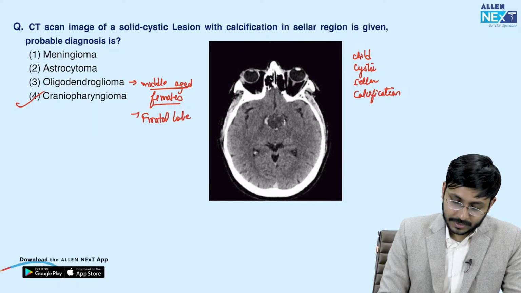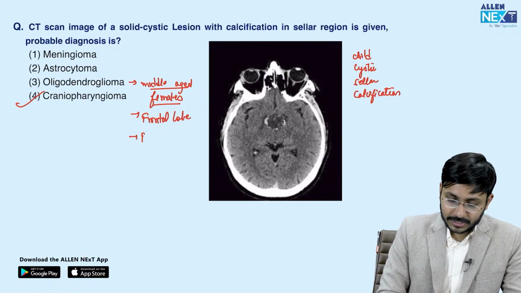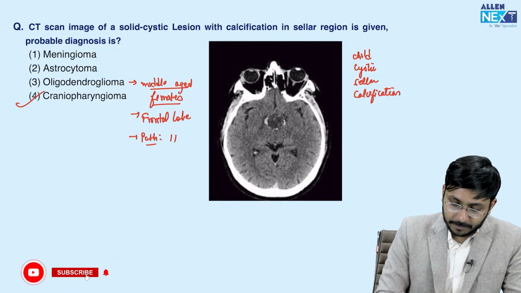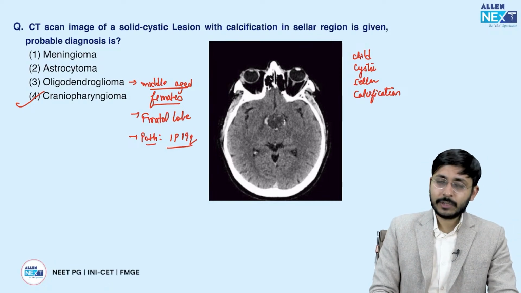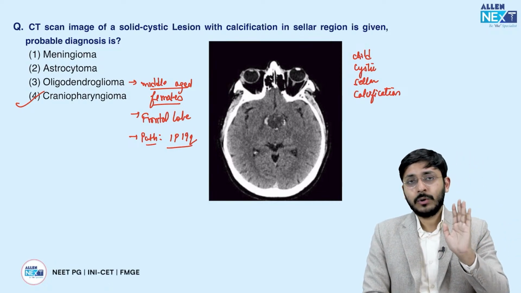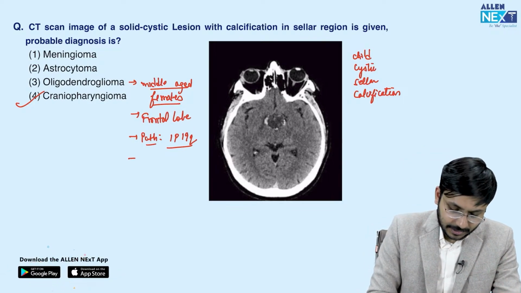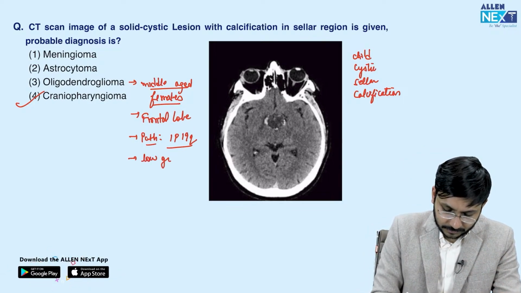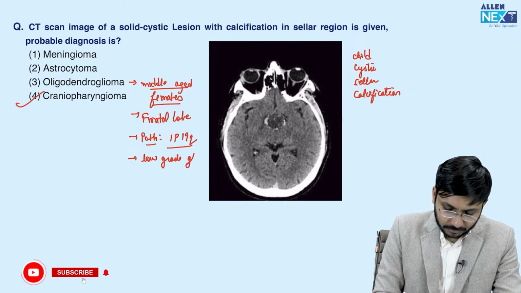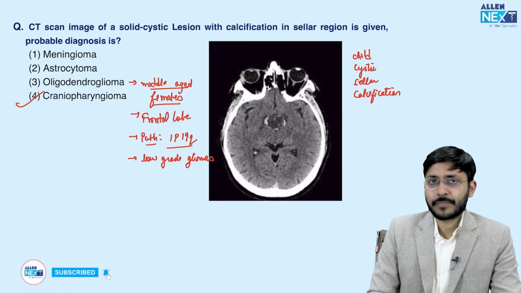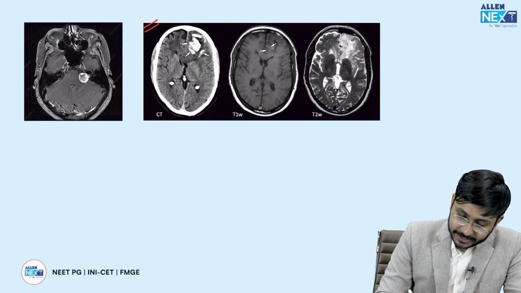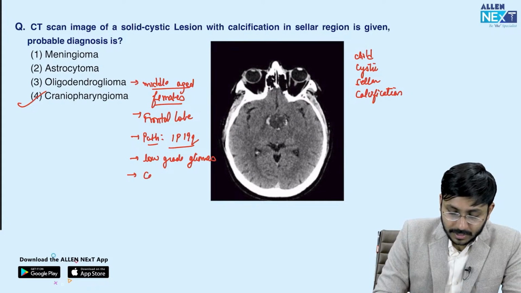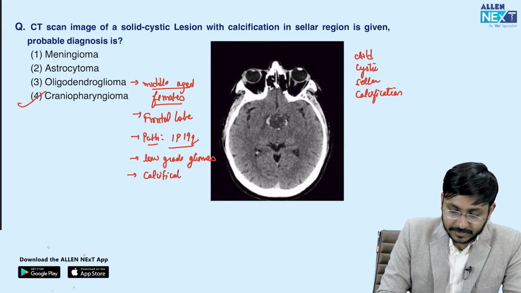Frontal lobe involved, and genetically or pathologically, they have one characteristic mutation, that is 1p19q deletion. 1p19q deletion is pathognomonic of oligodendrogliomas, and these are low grade gliomas. So this is how an oligodendroglioma looks like. You can have calcifications also. Yes, so oligodendroglioma can also have calcifications within.